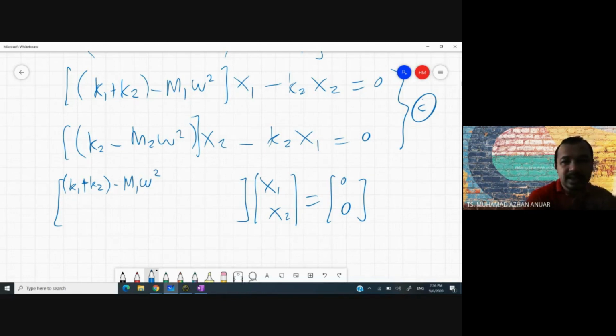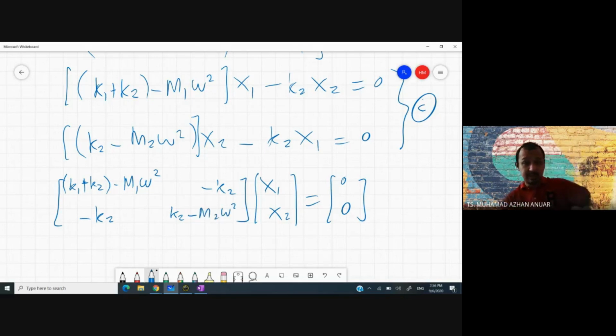And the term multiplied by x2 is minus k2, so we put minus k2 over here. In the second equation, the term multiplied by x1 is minus k2, which is always reciprocating. Here and here always reciprocating, Maxwell's reciprocal theorem. All right, so the second one, you get k2 minus m2 omega square. That is our matrix representation for equation C.